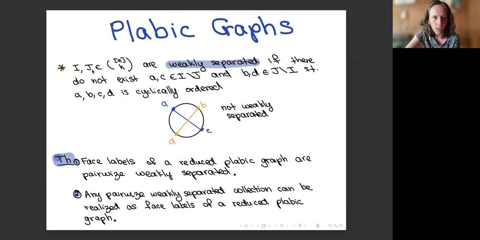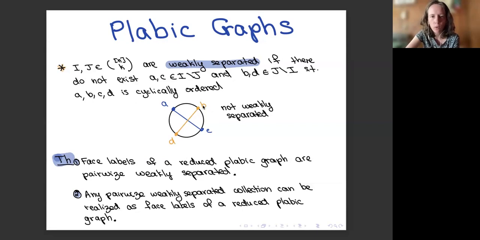We say that two k-element subsets of 1 through n, I and J, are weakly separated if there do not exist the following configuration: A and C in set I but not J, B and D in set J but not I, such that when you order A, B, C, D cyclically on a circle, thinking of this mod n, we see this crossing.